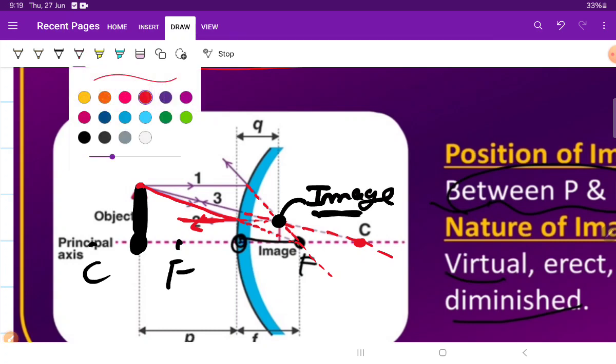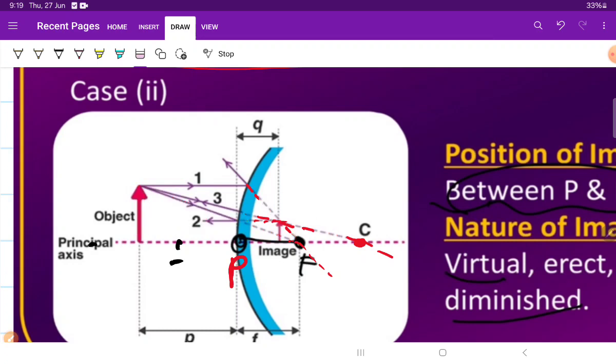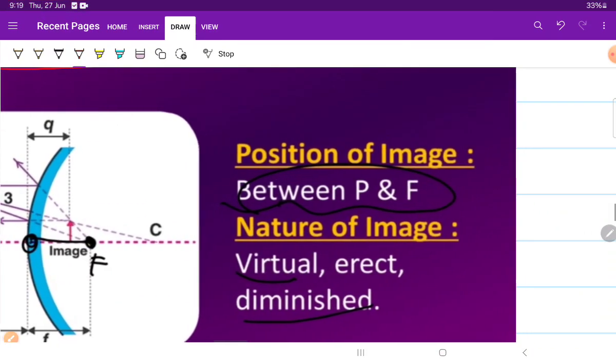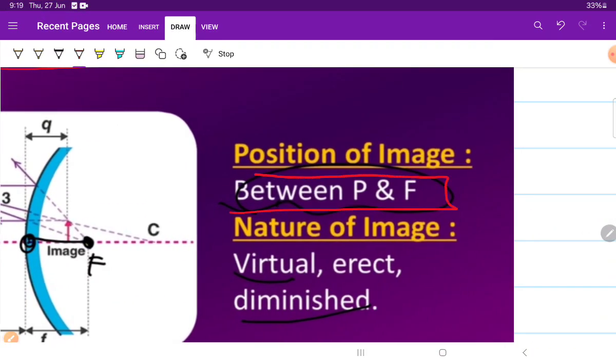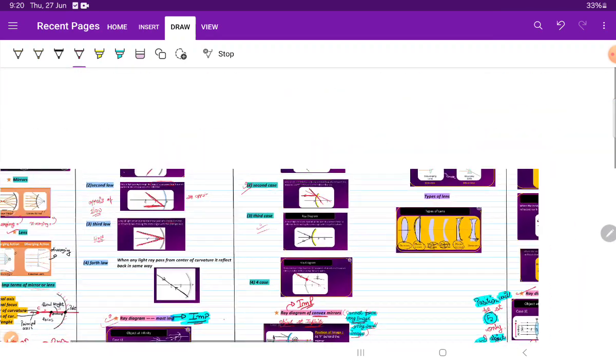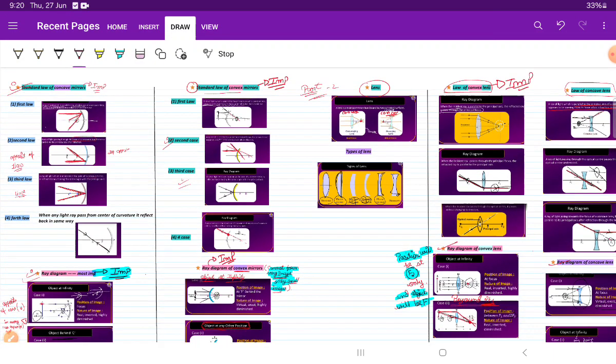So the image will form between P and F. I am writing it, so you can easily note it down in your notebook. The image will form between P and F. So here are the 4 laws of convex mirror and the ray diagram of convex mirror.